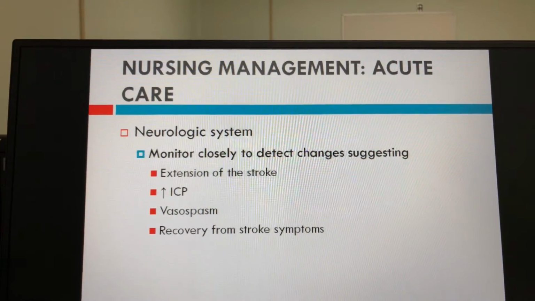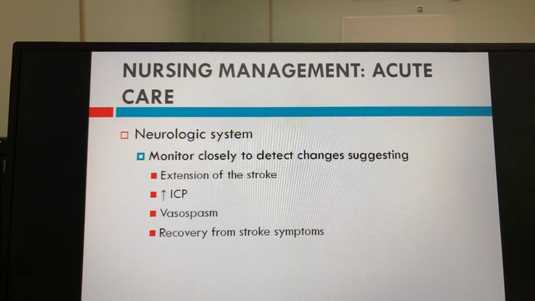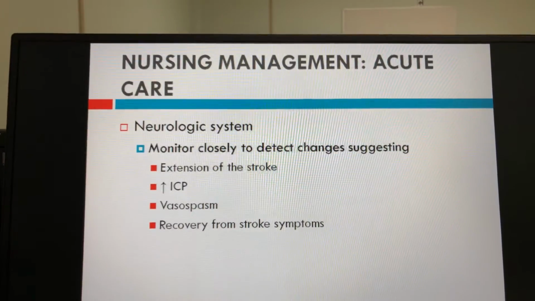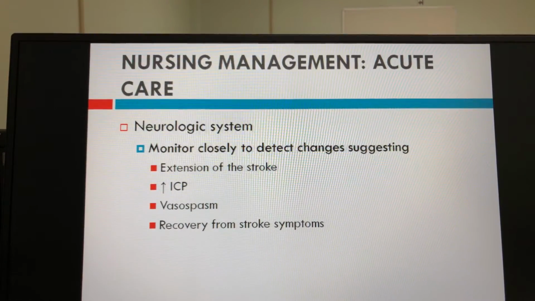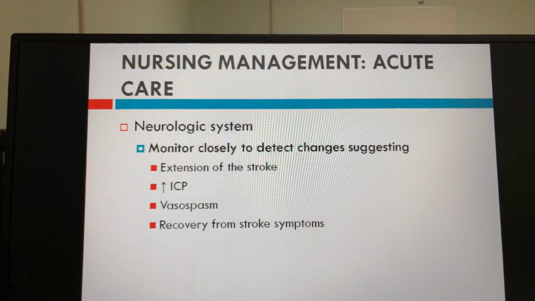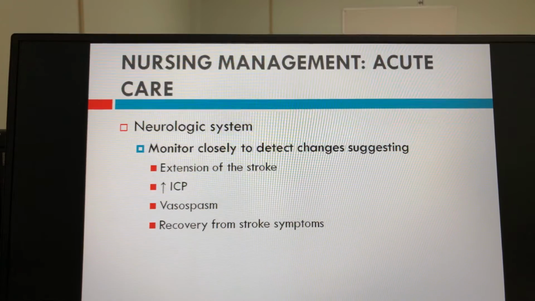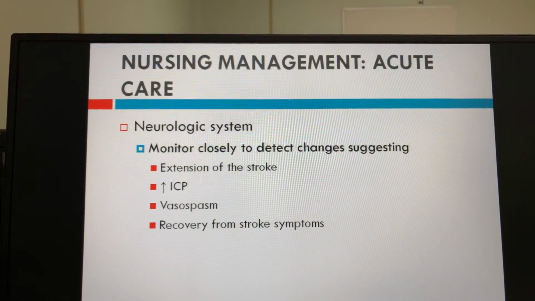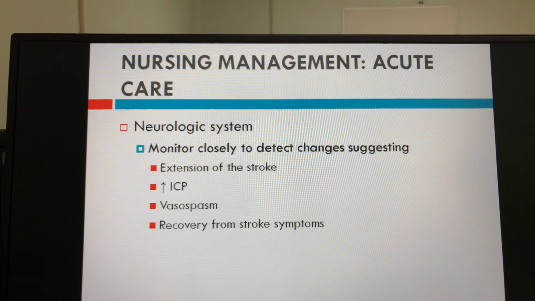So remember how to calculate that cerebral perfusion pressure. And I have to double check and make sure that I didn't say it backwards, because it's either ICP minus MAP or MAP minus ICP equals CPP. I'm a little loopy right now, so don't hold me to it, but remember how to calculate your cerebral perfusion pressure.